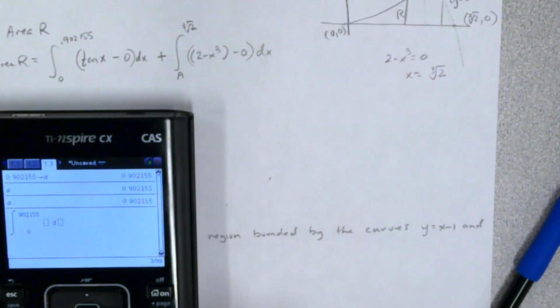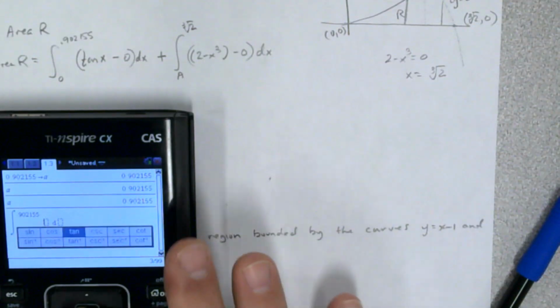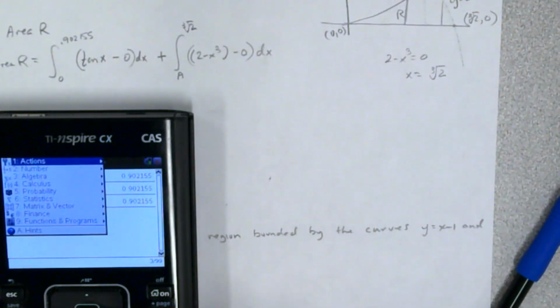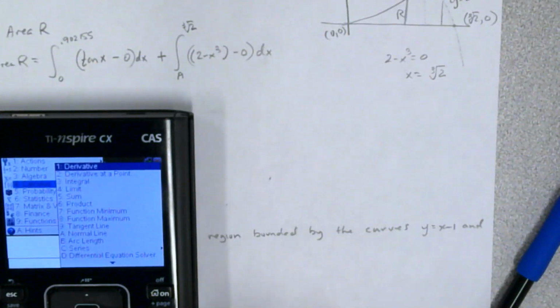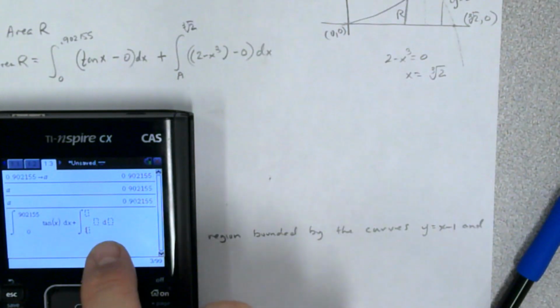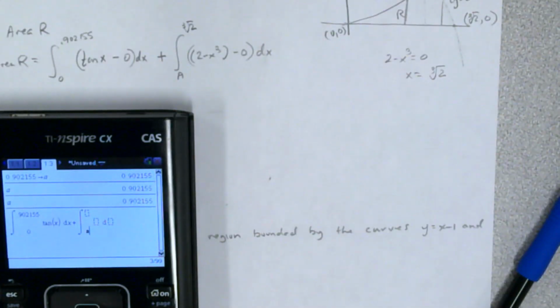I'm going to do the tangent of x dx plus, and I'm going to do menu, calculus, integral again, and go from this number, which I can type again, or I can simply type in the letter A. And up here, the cube root of 2.